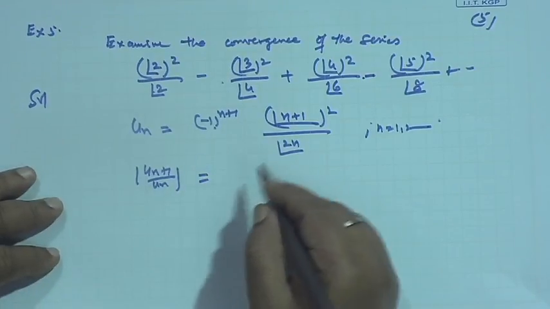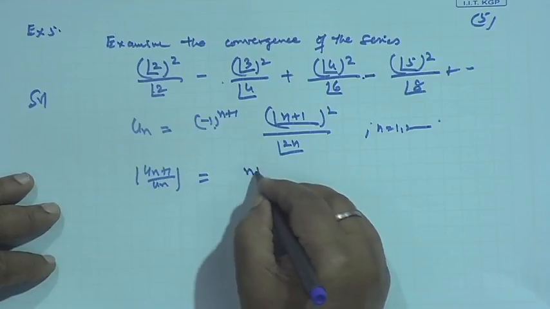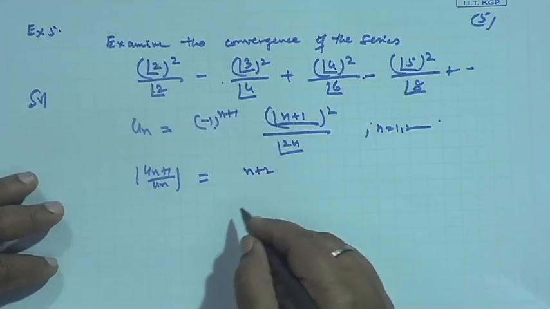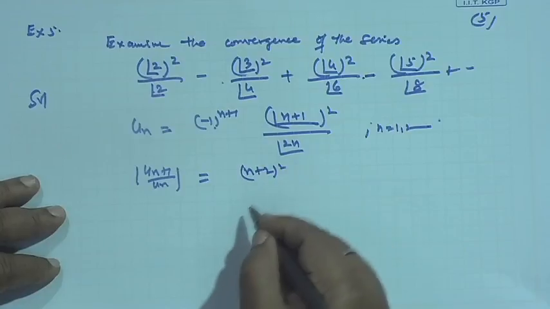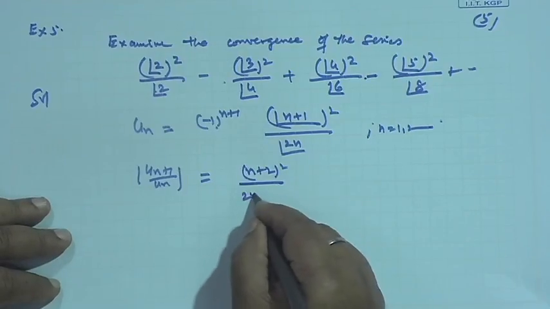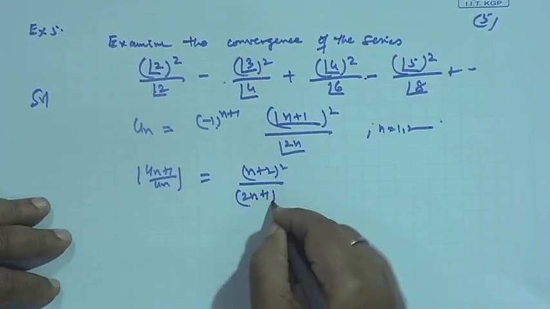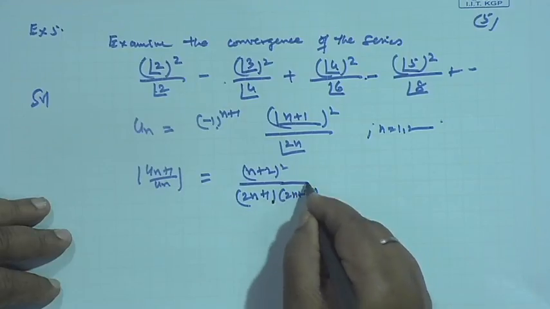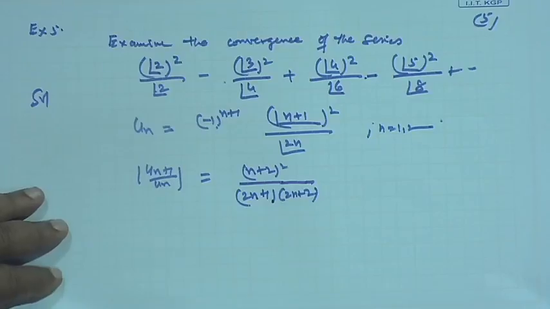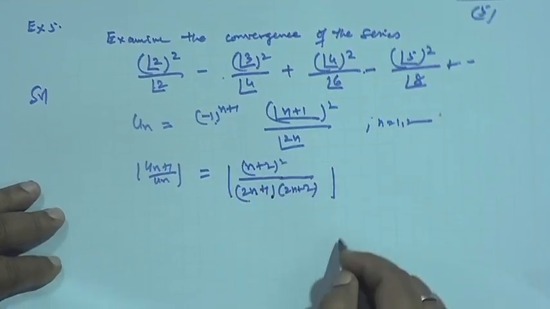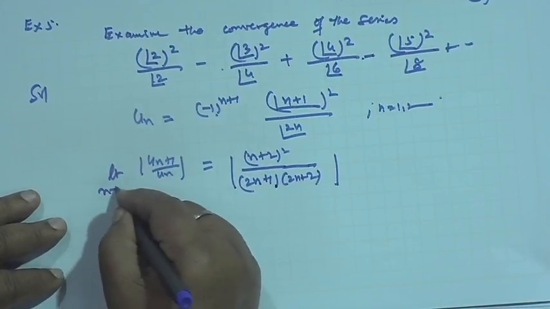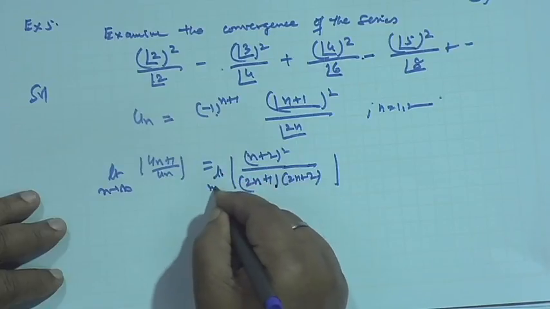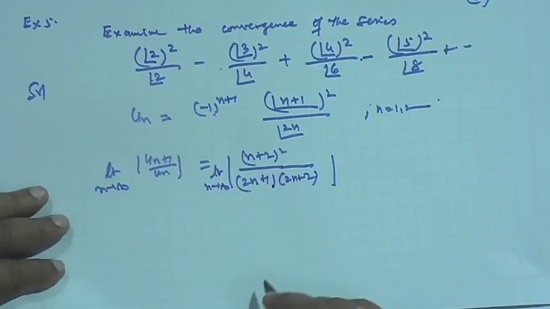This will be, if I simplify, (n plus 2) whole square divided by (2n plus 1)(2n plus 2), and then take the limit as n tends to infinity.